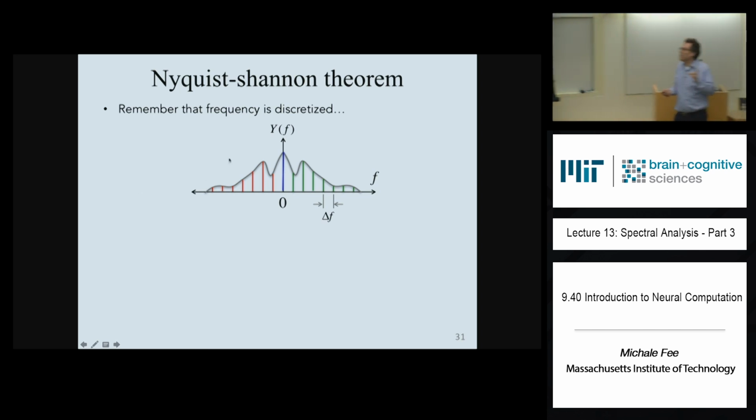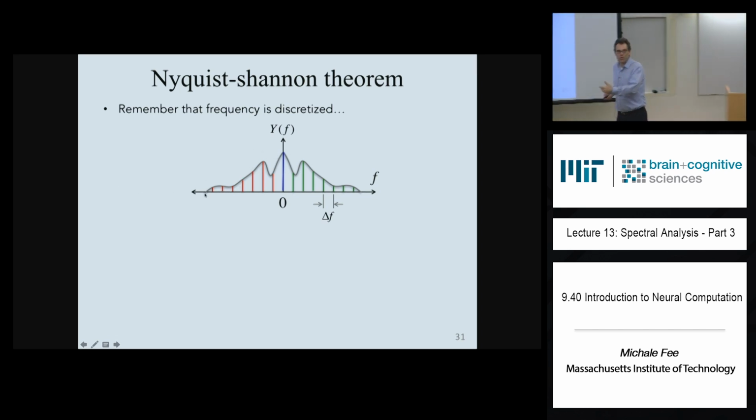So remember that when you take the Fourier transform analytically, the spectrum, the Fourier transform, is defined continuously. At every value of f, there's a Fourier transform.